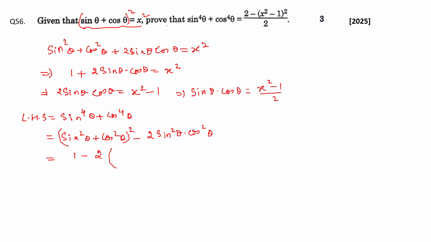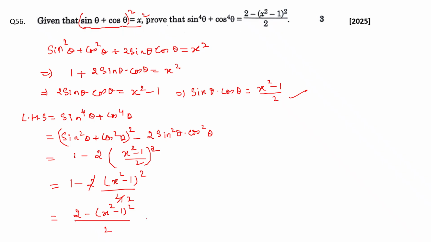Now here is sine square theta into cos square theta, so we have to square here. So it will be x square minus 1 by 2 whole square. So 1 minus 2 into x square minus 1 whole square by 4. So 2 and 4 cancel. Now take the LCM. It will be 2 minus x square minus 1 whole square by 2, which is equal to your RHS.